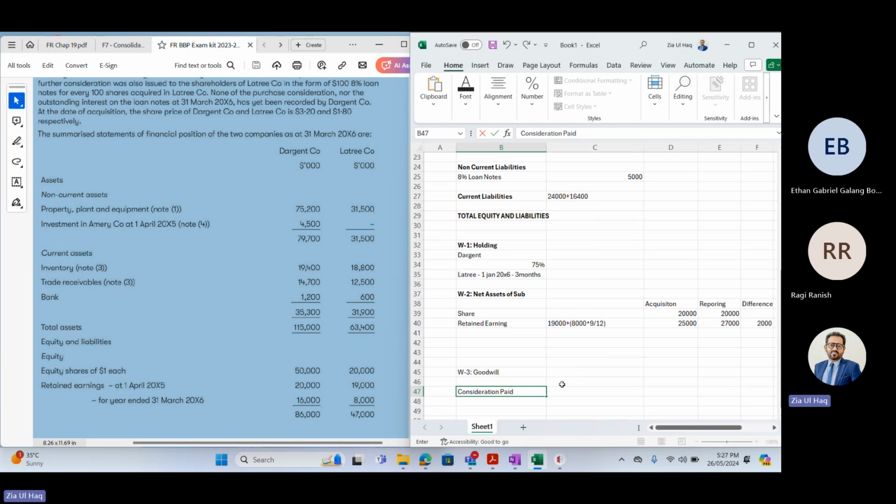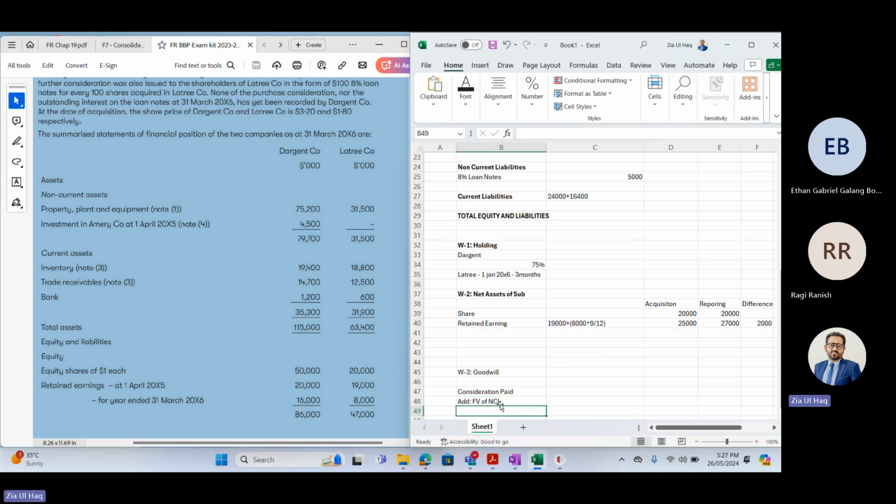To consideration paid, we need to add non-controlling interest, that is the fair value of NCI at the date of acquisition.